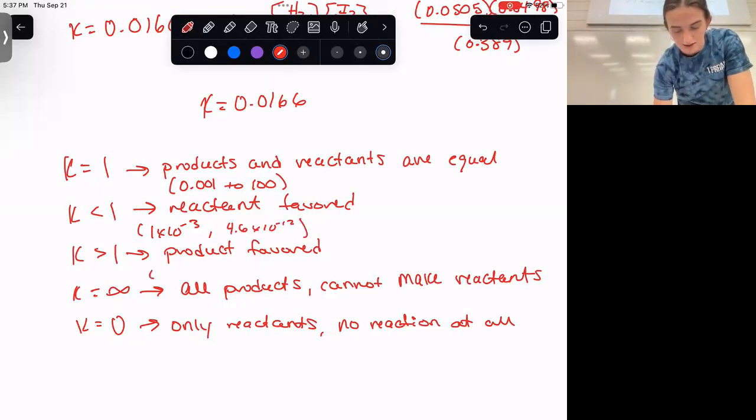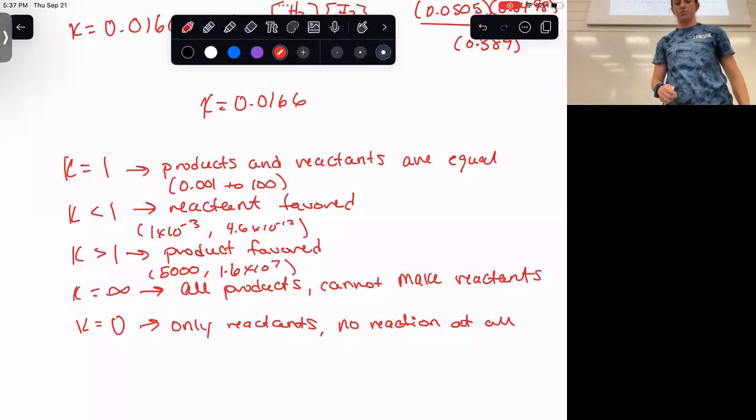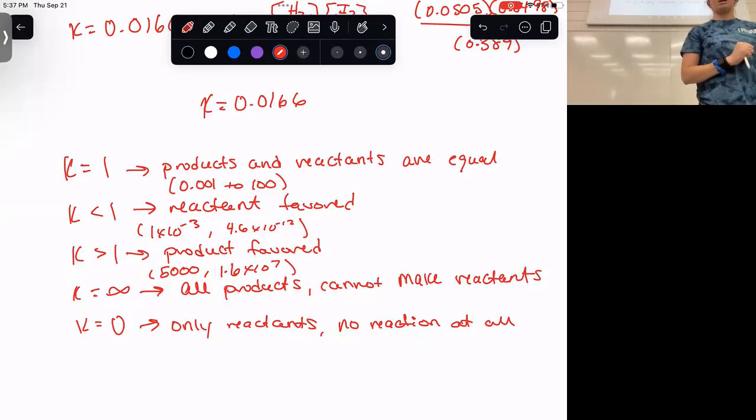Whereas if it's greater than 1, like 5,000 or 1.6 times 10 to the 7th, those are product favored. Any questions on what I mean by reactant and product favored in the ranges? Okay.